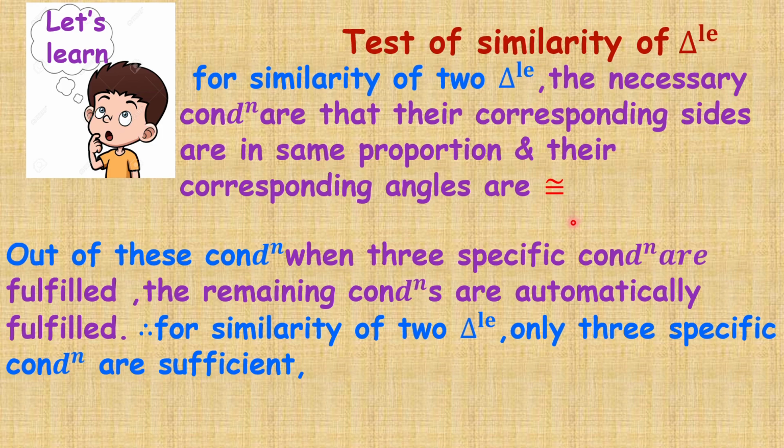Out of these conditions, three conditions means three angles and three sides, that means total 6. If three specific conditions are fulfilled, then the remaining conditions are automatically fulfilled. Therefore, for the similarity of two triangles, only three specific conditions are sufficient.